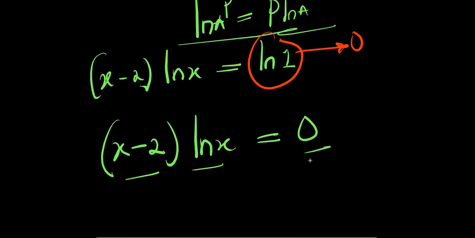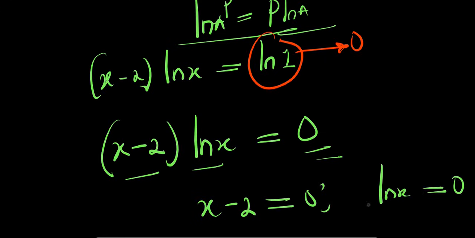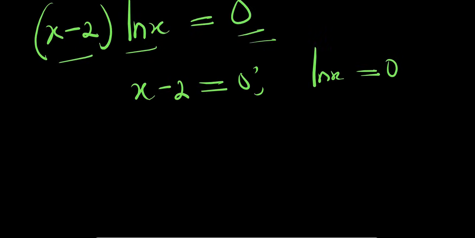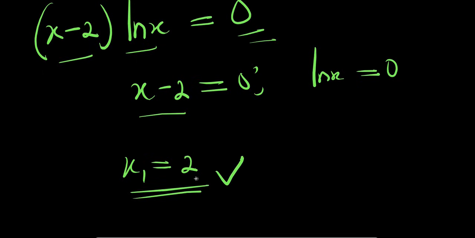So right now I can equate each of these to 0. Have x minus 2 equals 0, and natural log of x equals 0. If x minus 2 equals 0, we have x equals 2, which is my x1. Remember, this still corresponds to the value of x that we had earlier.